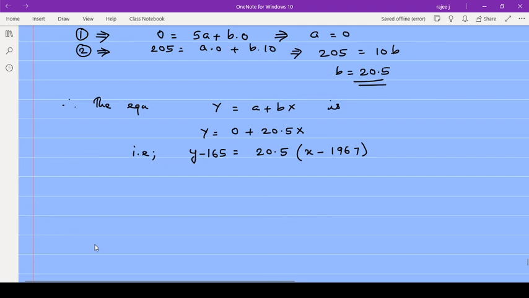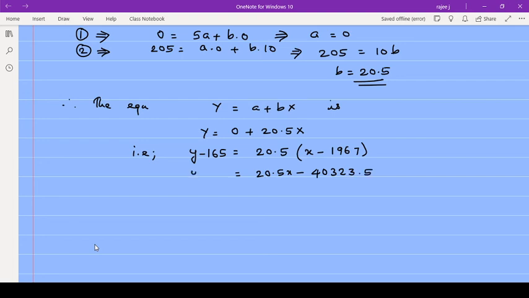So this is equal to 20.5x minus 20.5 into 1967. How much is it? It is 40323.5, a very big number.